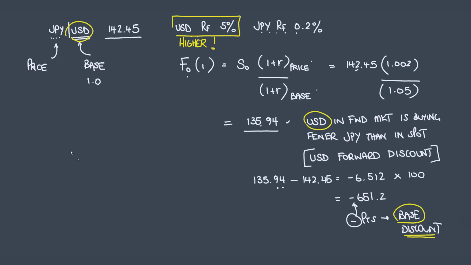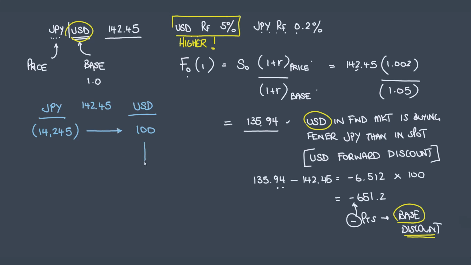Let's see why. Let's imagine today I had 14,245 yen. And I decided to turn those into USD. If I did that, I would end up at the spot rate of 142.45 with 100 USD. So let's say I borrowed yen and turned it into USD.